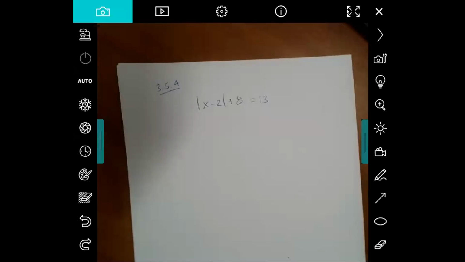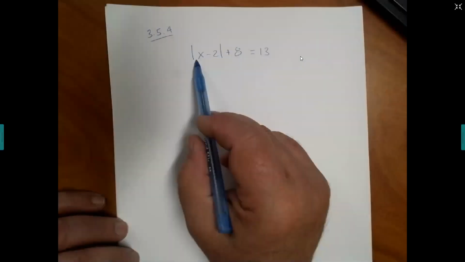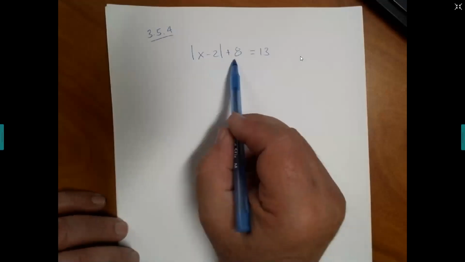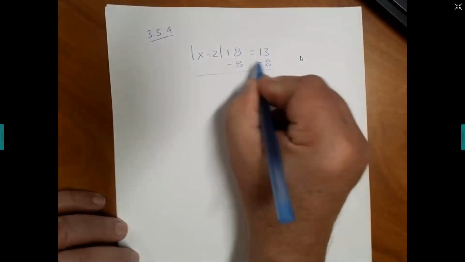I'll take the penalty. All right. Notice the absolute value has a plus 8 on the side, so we have to get rid of that first. So we subtract 8 from both sides.